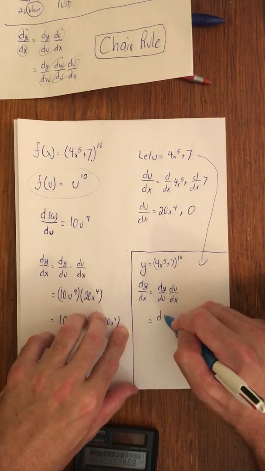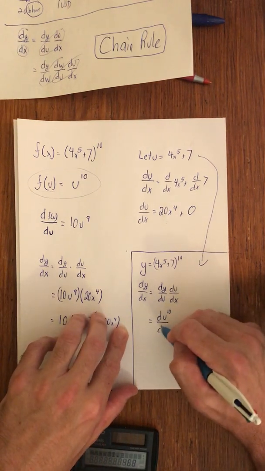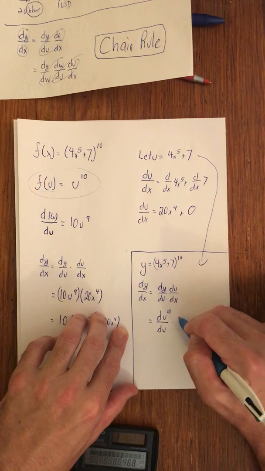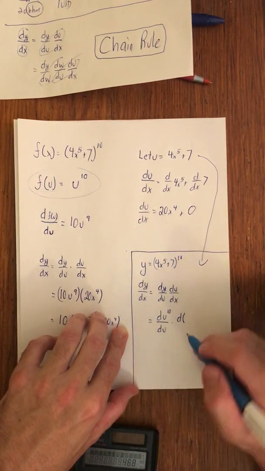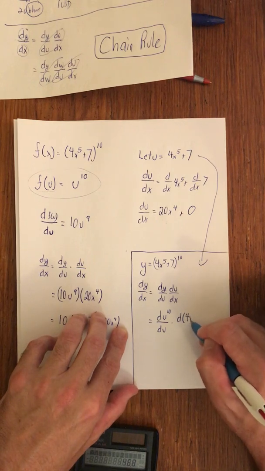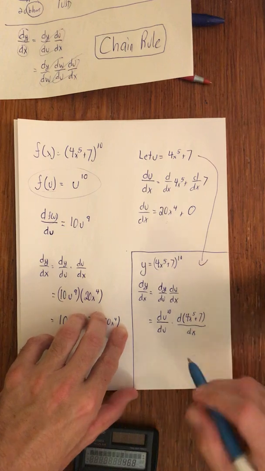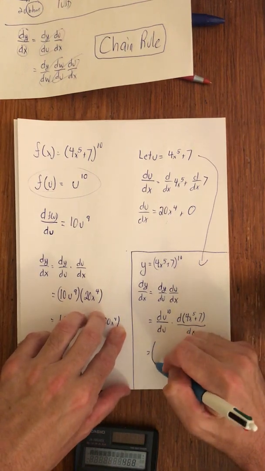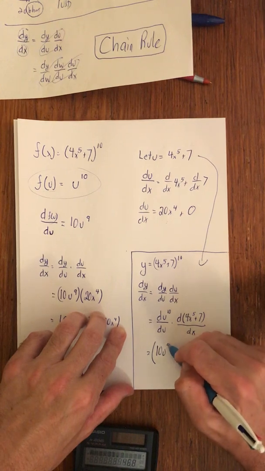So d, and then what I would show here is u to the 10th, showing that substitution, du, and then times d, and what I would do is in place of the u there, I would put the let statement, okay, dx. And the next term here, using liberal use of parentheses, 10u to the 9th.